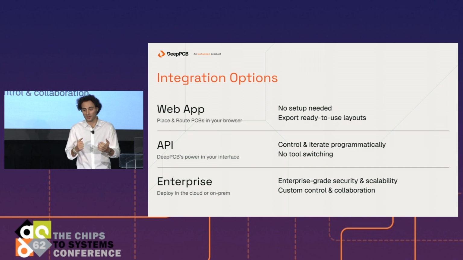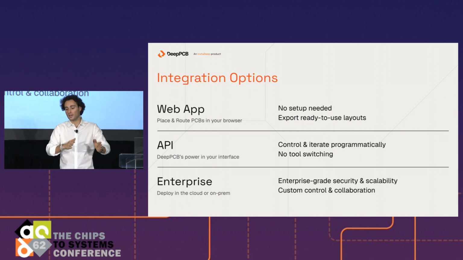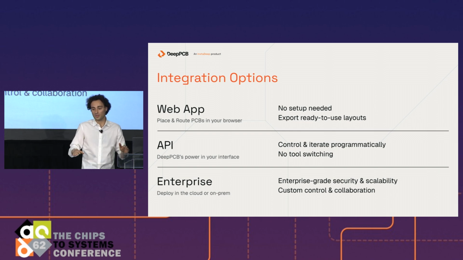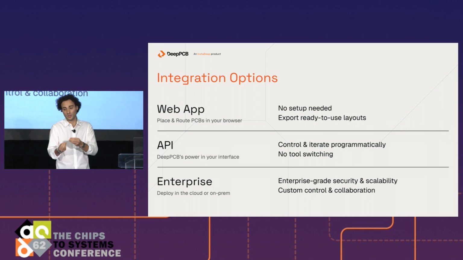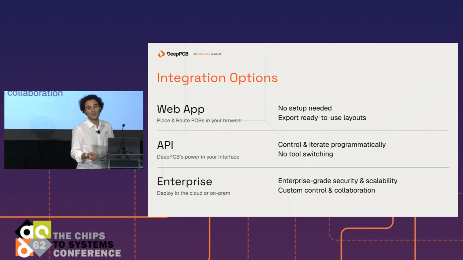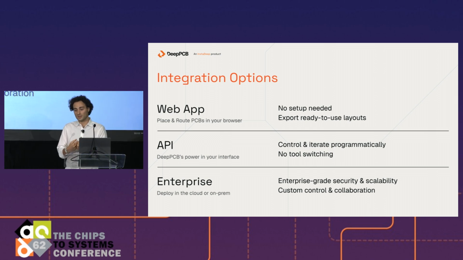We can provide you with everything. And then you stay inside your tool, call DPCB, and see it place and route your board without having to go to another website, come back, etc. So it's minimal intervention. On the other hand, if you use the web app, you still have the layouts that are exportable and ready to use, and you don't need to set up anything. So maybe if you're less technical, it's a good option.